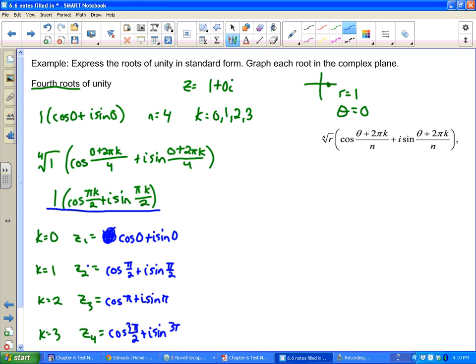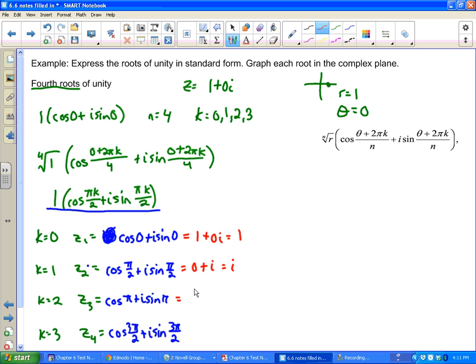Now let's simplify these using our unit circle. So cosine of 0 is 1, and the sine of 0 is 0. So we end up with 1 plus 0i, which is what we started with, right? So that's actually just 1. On the next one, the cosine of pi over 2 is 0, and the sine is 1, so that's really just i.